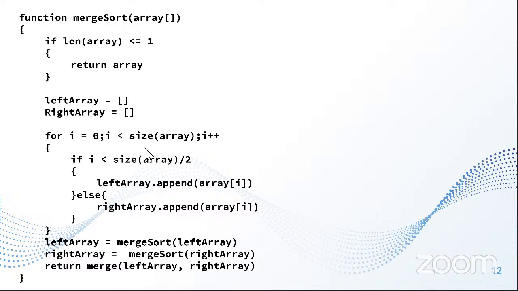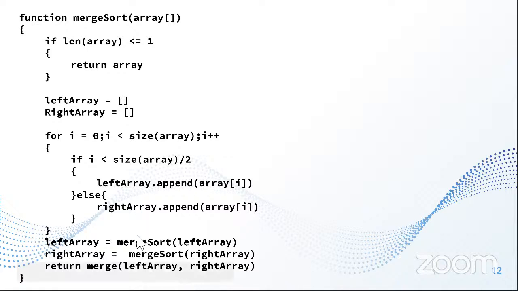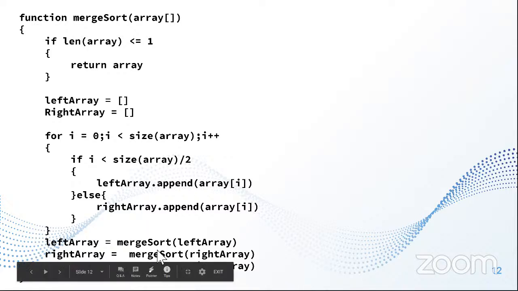You take whatever elements are until the middle of the array and push them into the left subarray, then push the rest into the right subarray, and then you call merge sort on both the arrays, and that's how we get that branching, as we saw right there.